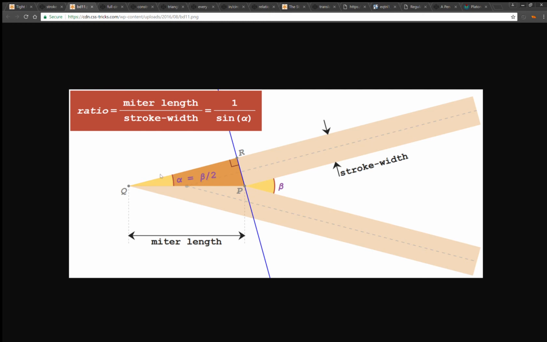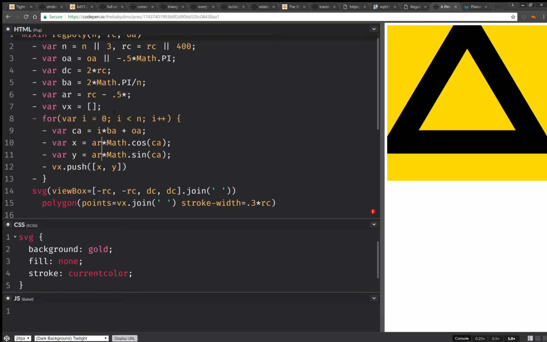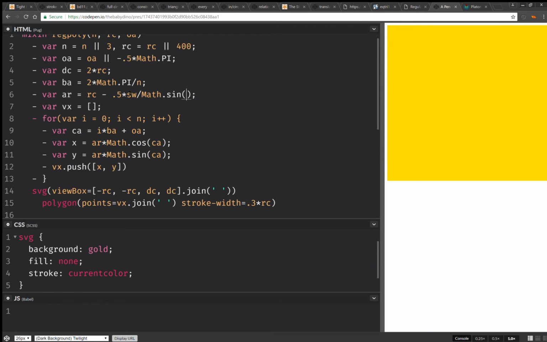So we have that the sine of alpha, which is half the angle of the vertex, is PR over PQ. So if we get PQ, this is PR over the sine of half the vertex angle. PR being the stroke width, we have the stroke width over the sine of half the vertex angle.